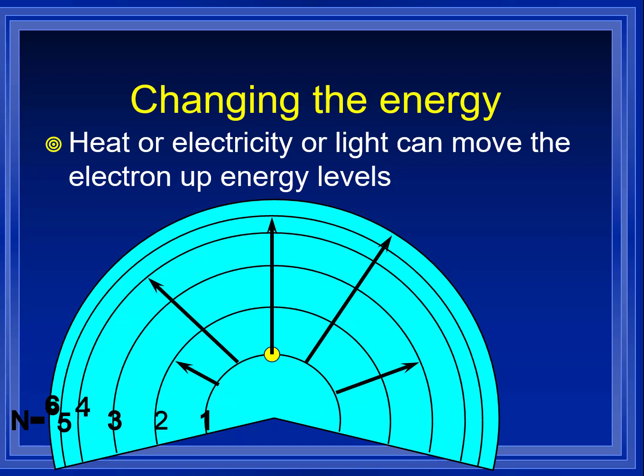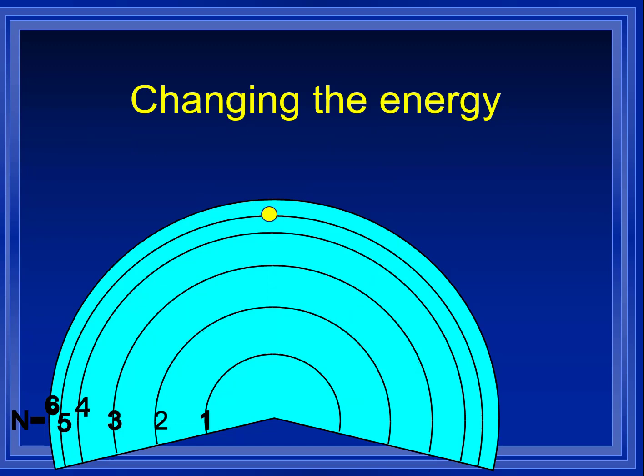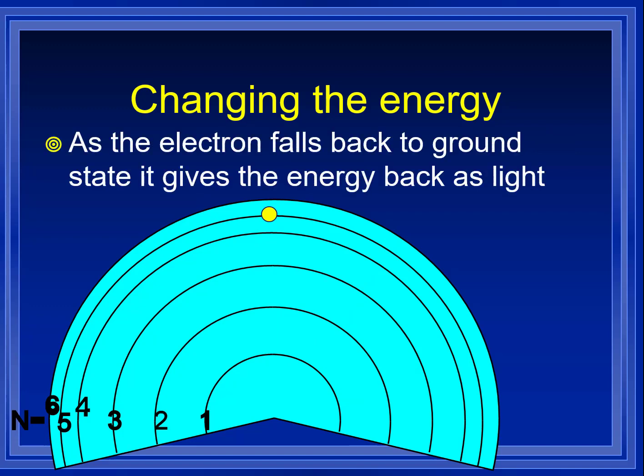So you put heat in, you don't know how far it's going to make it jump, but it's going to make it jump. Okay with that? It's not stable up there. It's going to fall back down. And when it falls back down, it gives off the energy as light.